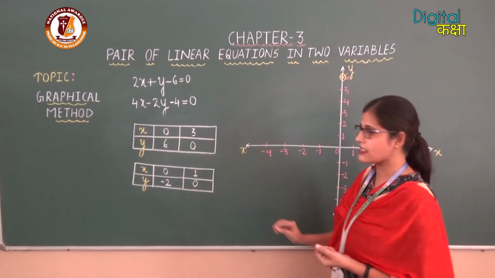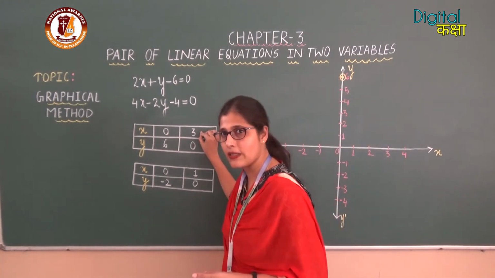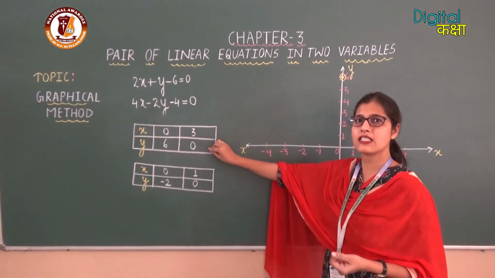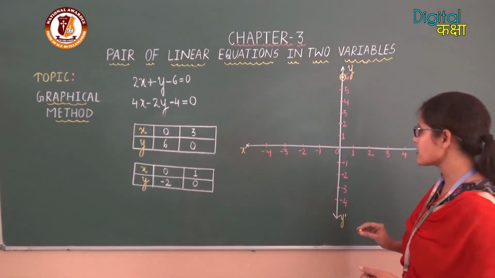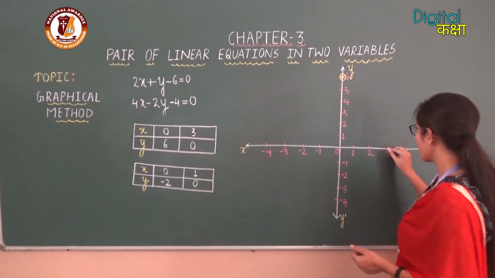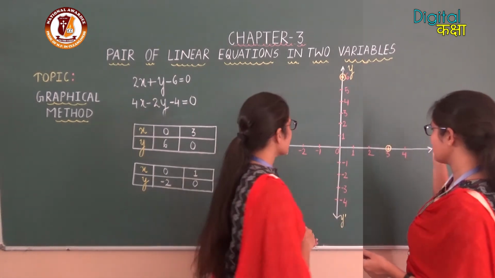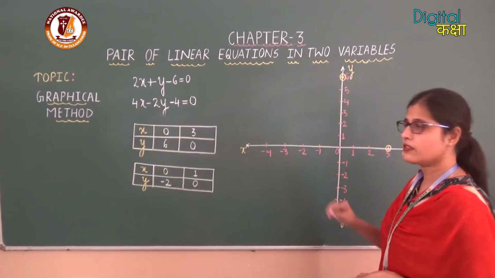In the second case, when the value of x is 3, then the value of y is 0. That means that it will lie on the positive x-axis. Now let us join it.